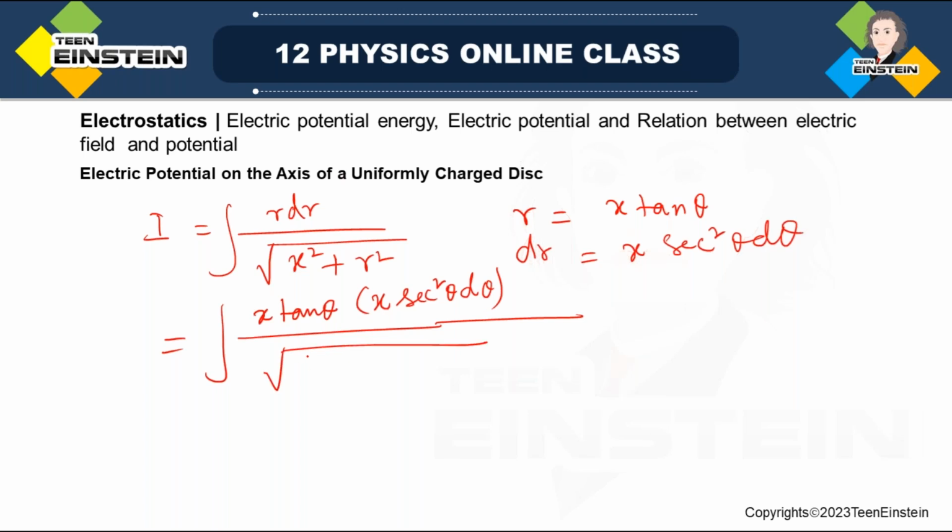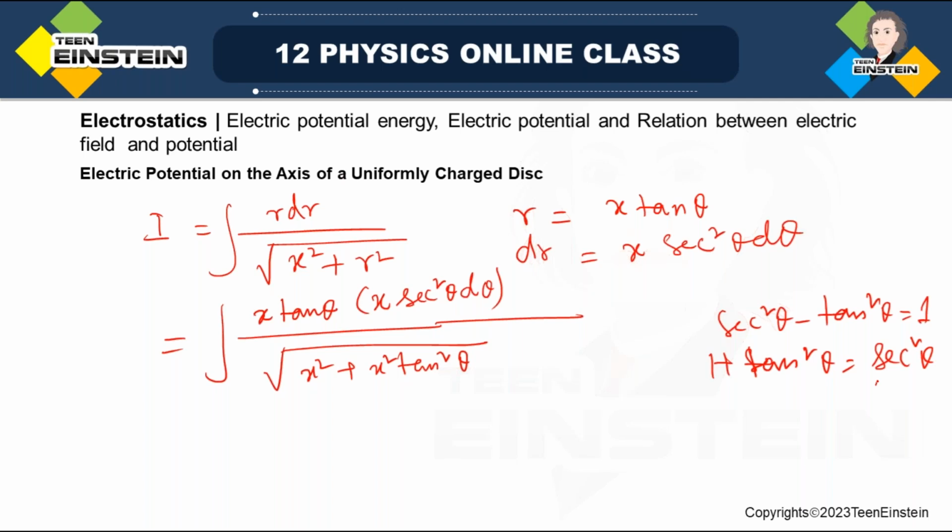What about the denominator? Here we get x square plus x square tan square theta. You know this trigonometric identity, sec square theta minus tan square theta is equal to 1, so 1 plus tan square theta is sec square theta.